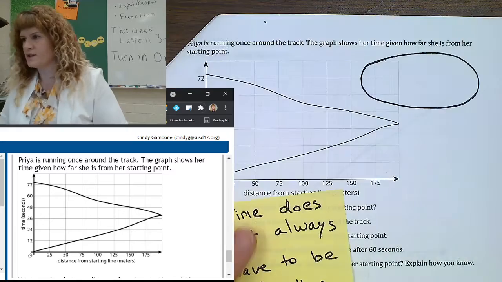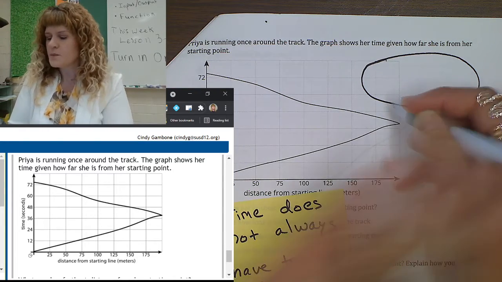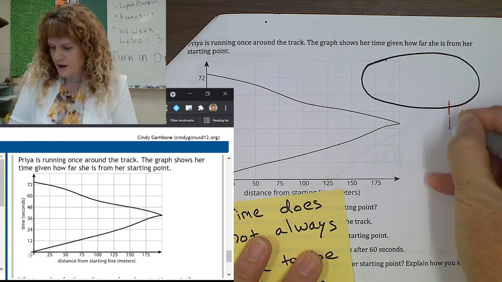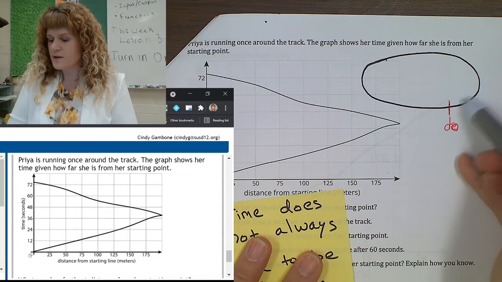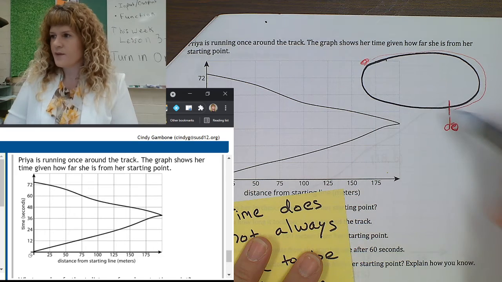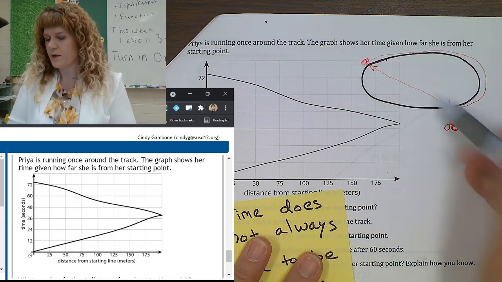So let me draw this track. Very similar to the track I had at my high school. The starting line was here. I'll call that distance equals 0. And then runners go around the track. And right about here, their distance is the farthest from the starting point.